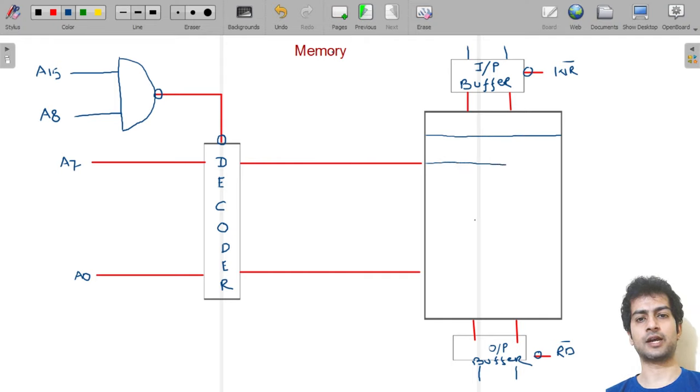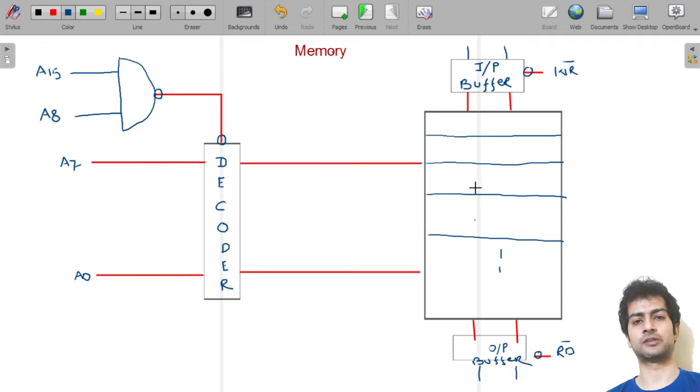So suppose here we are having a number of registers, and we further know that registers are a group of flip-flops.